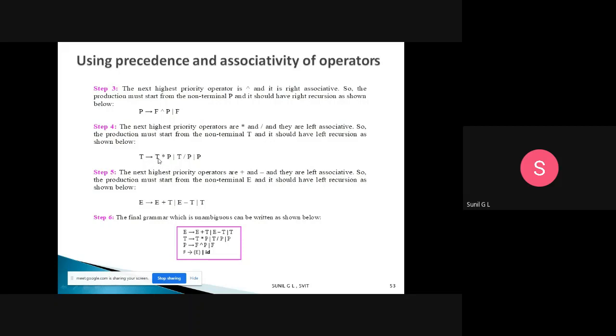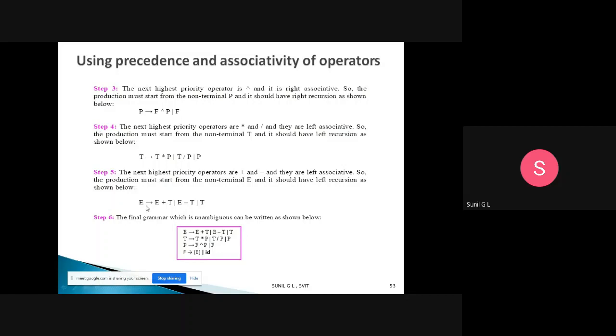T tends to T star P, where P is the non-terminal of the previous precedence level, or T division P, or P. Like that, next precedence we give to plus and minus, which is also left associative. The production must start from a non-terminal E, though you can take any non-terminal, no issues, and it should have left recursion, which means E should come on the left side.